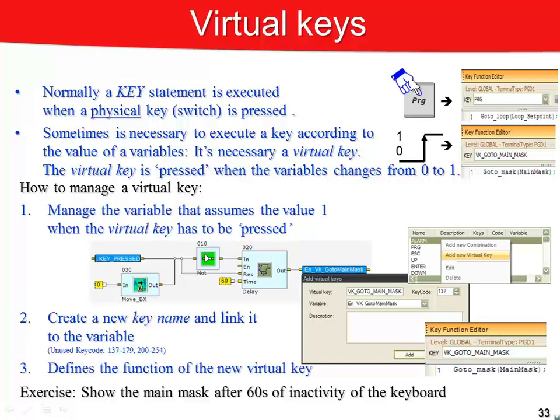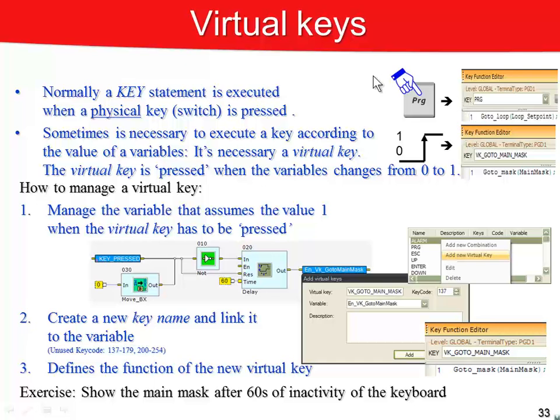So there must be a finger that presses a button. But we can't use this for our purpose, because the execution of the key must be done automatically, that is by the strategy. After the timeout, we have to press the key.